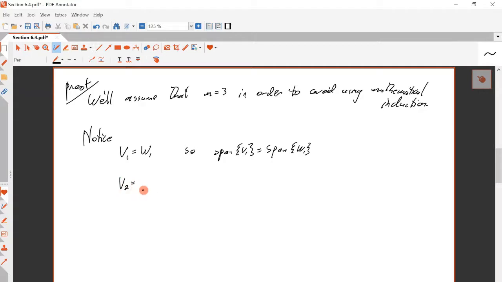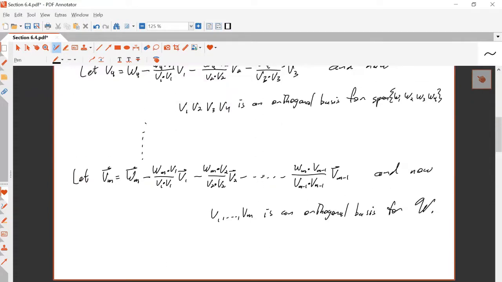V2 is a linear combination of W1 and W2.